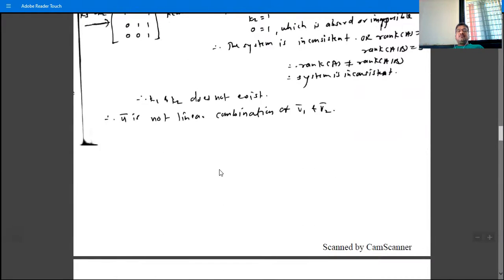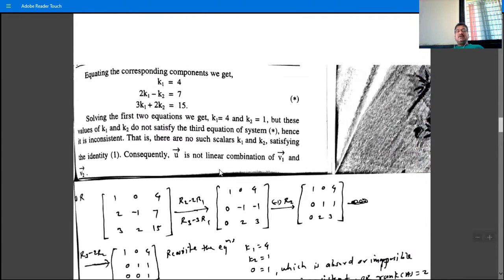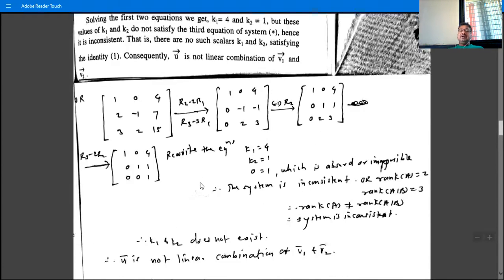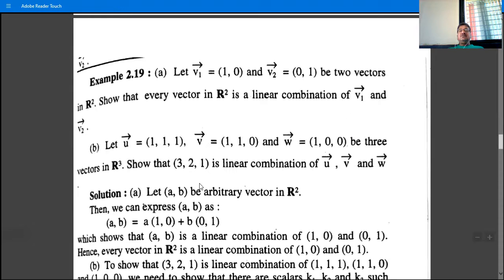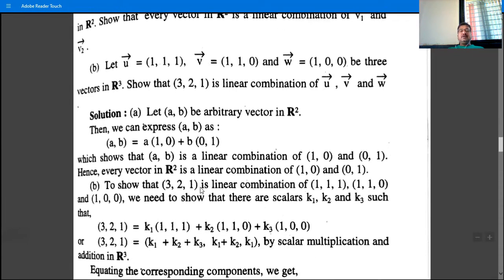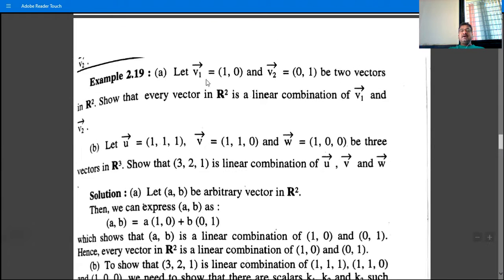From these two examples, we learn when one vector is a linear combination of the remaining 2 or 3 vectors, and when one vector is not a linear combination of the remaining 1, 2 or 3. Okay. So the next example: v1 is this, v2 is this, the vectors in R2. Show that every vector of R2 is a linear combination of v1 and v2.